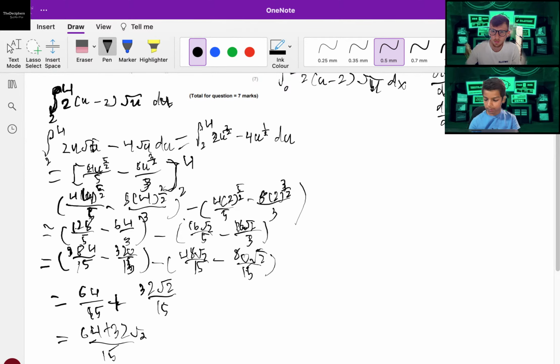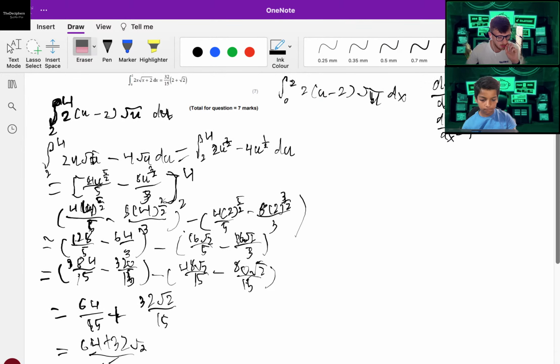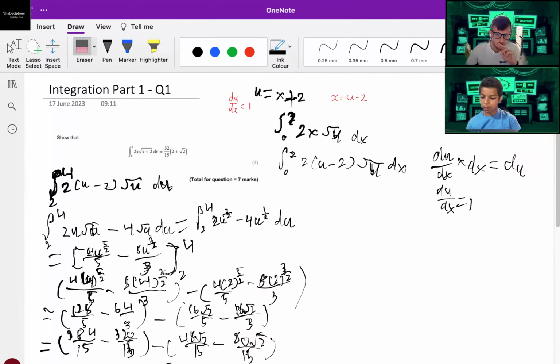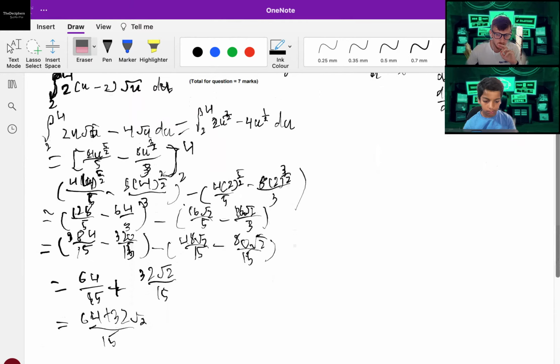If you look at the answer given in the question, look at the form of the answer. We've basically got there. You can see that you got it right. There's just one thing you need to do to finish it off. The form is 32 over 15 times 2 plus root 2.